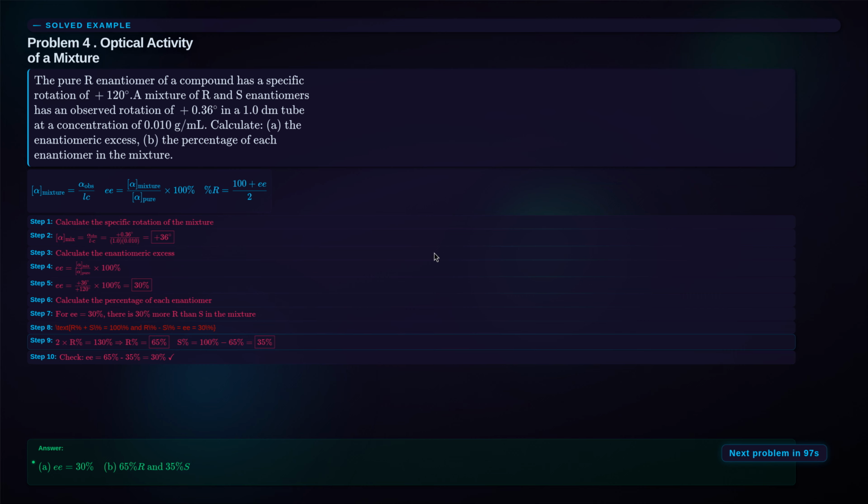The specific rotation of the mixture is plus 0.36 divided by 1.0 times 0.010, which equals 36 degrees. The enantiomeric excess equals specific rotation of the mixture divided by the specific rotation of the pure enantiomer, which is 36 divided by 120, or 30%. This means the mixture is 65% R and 35% S.